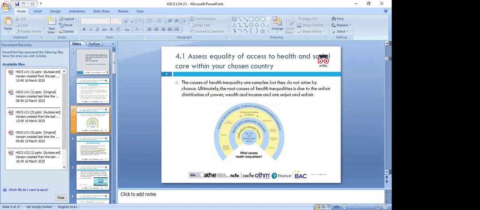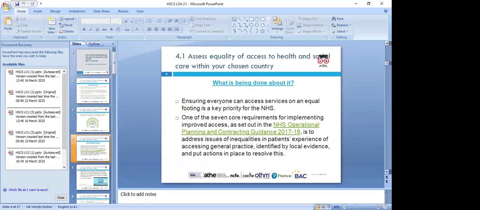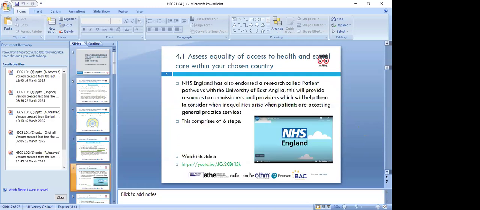Ultimately, the root causes of health inequalities may be cultural barriers, okay? You may have general socioeconomic barriers. You may have social and community networks. You may have issues of inequality in terms of age, sex, and constitutional factors. So there are many factors that really affect health inequalities. Okay.